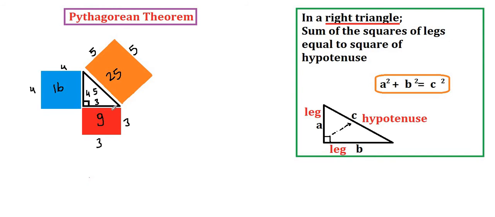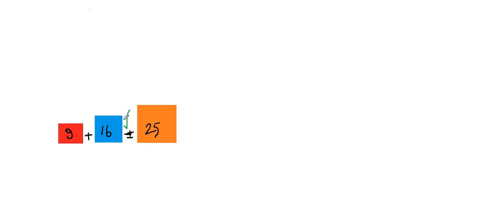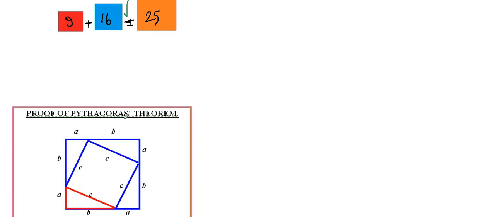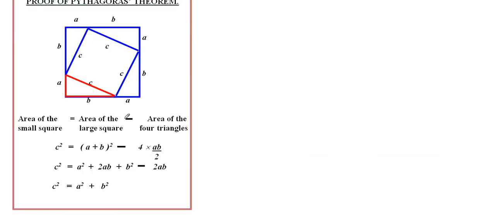So this is the theorem that we're going to use to prove whether our triangle is a right triangle or not as well. If this proof is not satisfying enough, let's look at this one. So we have triangle ABC, legs are A and B, and the hypotenuse is C. We duplicate this triangle 4 times and extend it and form this square inside.